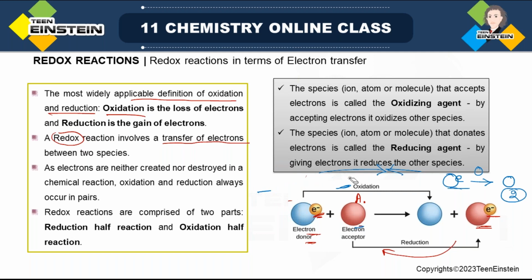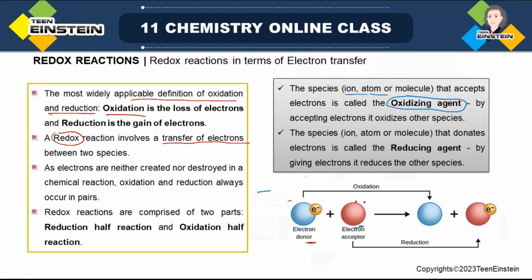So the species, when I am saying species, it may be any of these. It may be some ion, not necessarily a neutral compound. It may be an ion carrying some charge, positive, negative. It may be an atom, or it may be a molecule, compound. So the species that accepts electron, whatever it is, ion, atom, molecule, if it is accepting electron, then it means it is the oxidizing agent. So now we have this broader definition of oxidizing agent.